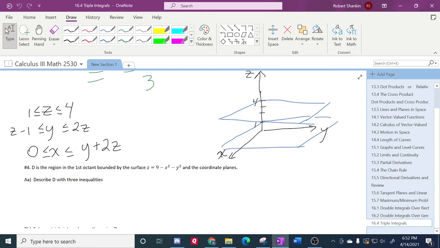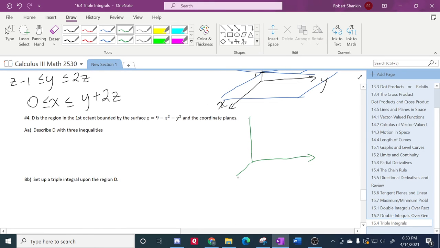I'm going to have you work on part A independently and take your best guess as to inequalities that will help you describe this, and then input that into your group chat, and we'll look at these ideas. Before you start, let me give you a rough idea of the shape that we're looking at.